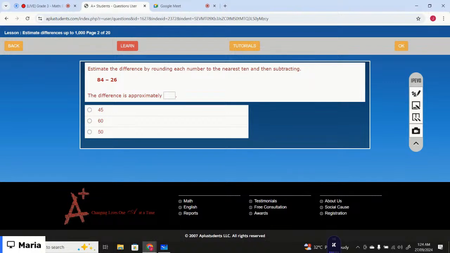Estimate the difference by rounding each number to the nearest 10 and then subtracting 84 minus 26. So which is the correct option?